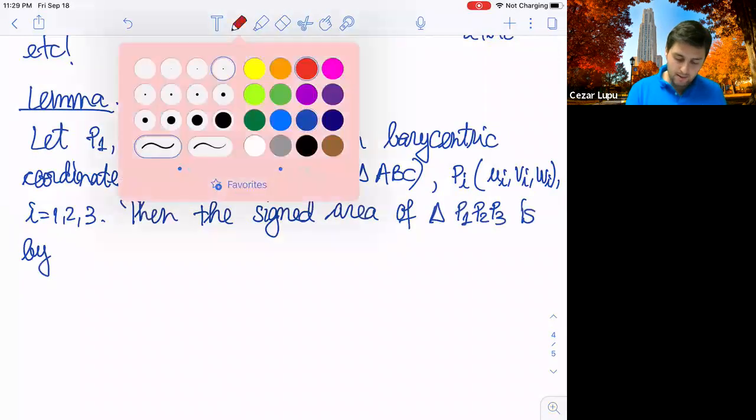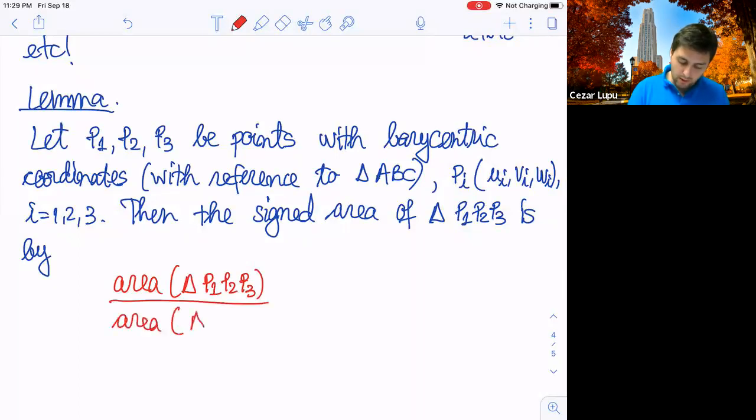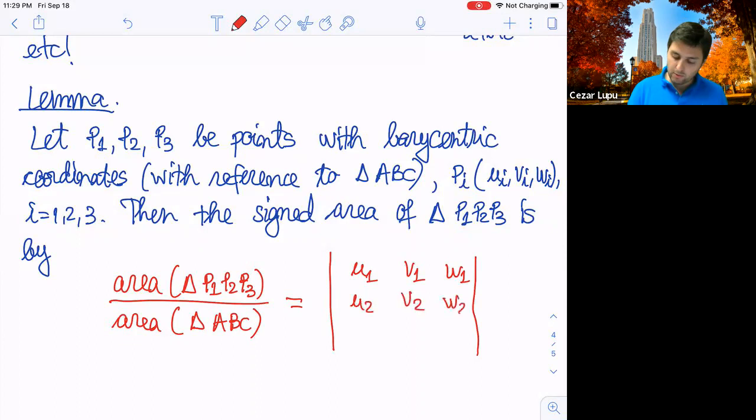The area of the triangle P1, P2, P3 over the area of the triangle ABC is nothing else than this determinant: U1, V1, W1, U2, V2, W2, and U3, V3, W3. All right, so that's the lemma. This is the formula. And now guess what? Let's go back to our problem.